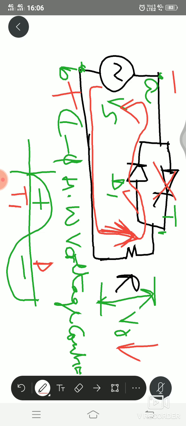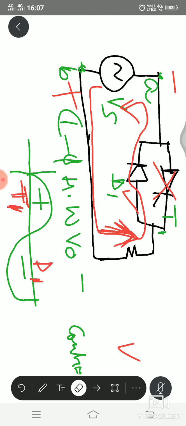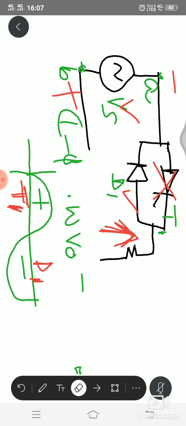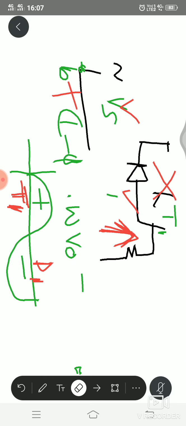So during negative half, diode D1 is getting forward biased, and during positive half, T1 is forward biased, and we have to judiciously fire thyristor T1. Now let us discuss about the waveform so that we can understand this type of phase control method. Now I'm going to draw the waveform.